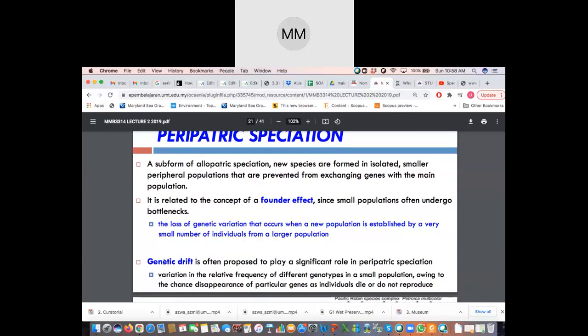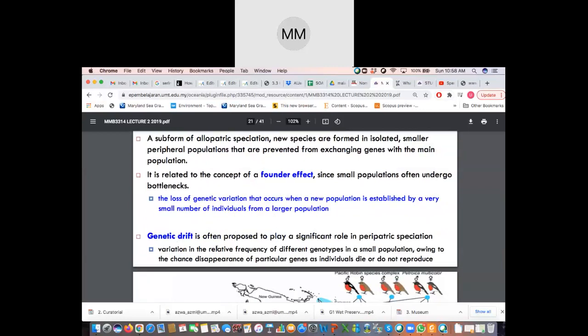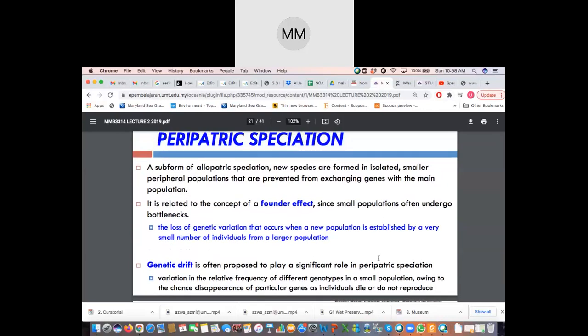Genetic drift is often proposed to play a significant role in peripatric speciation, where the relative frequency of different genotypes in a small population varies owing to the chance disappearance of particular genes as individuals die or do not reproduce. So as not to confuse you, for allopatric speciation, again, it's a split with a physical barrier.